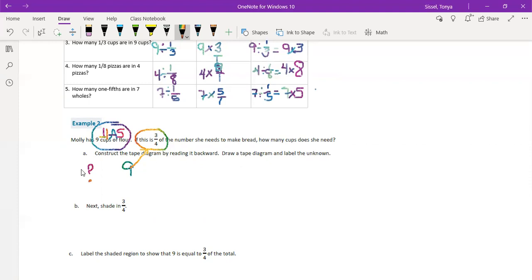So we still don't know what she needs. How many cups does she need? That's what we're trying to figure out, okay? So it says construct a tape diagram by reading it backwards. So I'm going to make a tape diagram showing us our backward stuff, right?